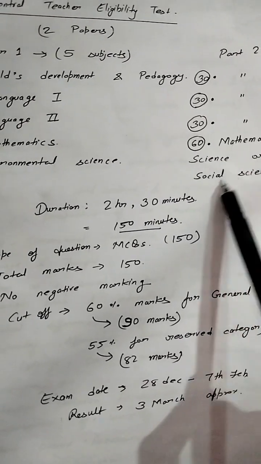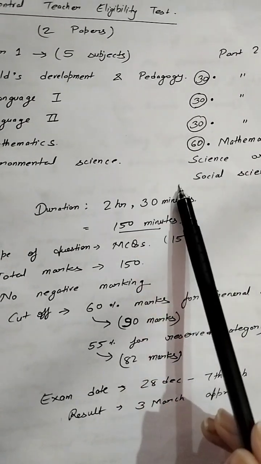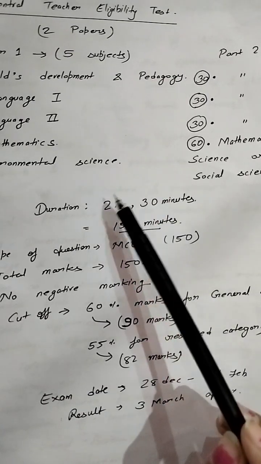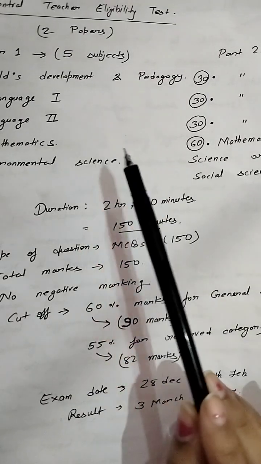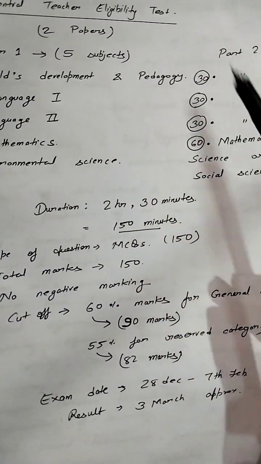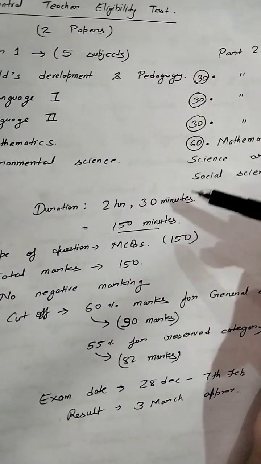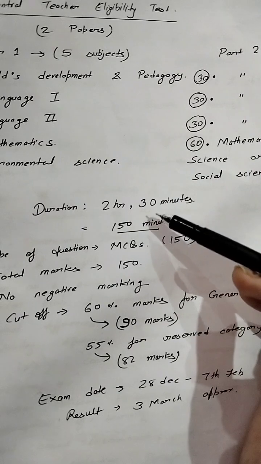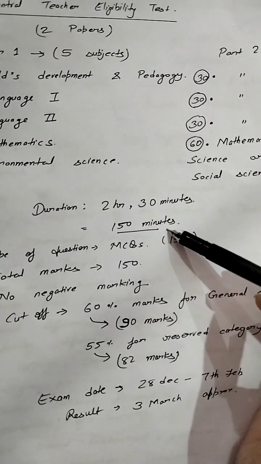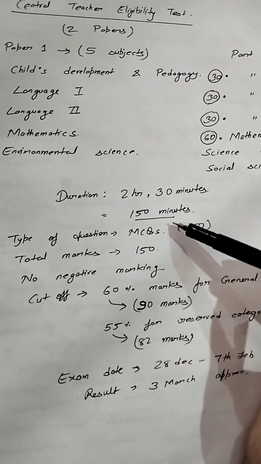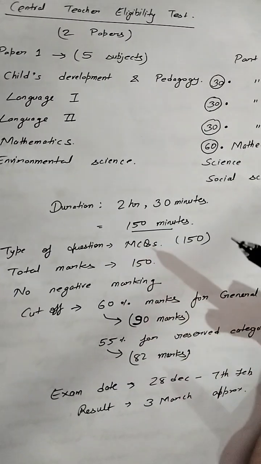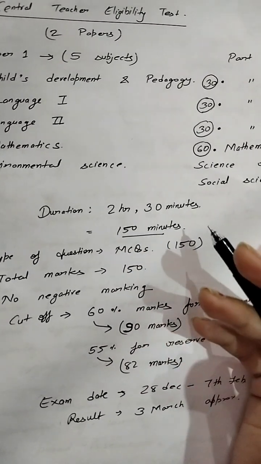Now let's try to have a better understanding about the timeline, like the duration of the exam. This whole exam is going to be around 2 hours and 30 minutes, which is approximately 150 minutes. The number of questions asked to you would be 150 in total.